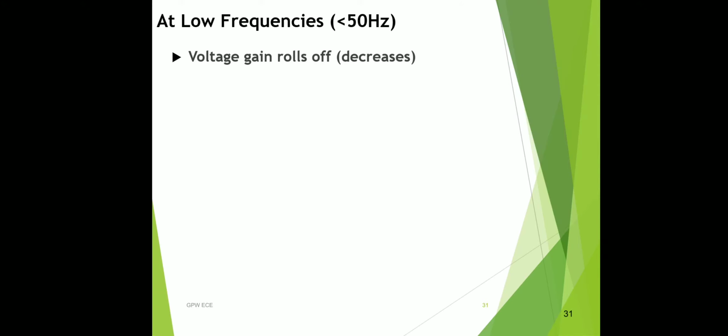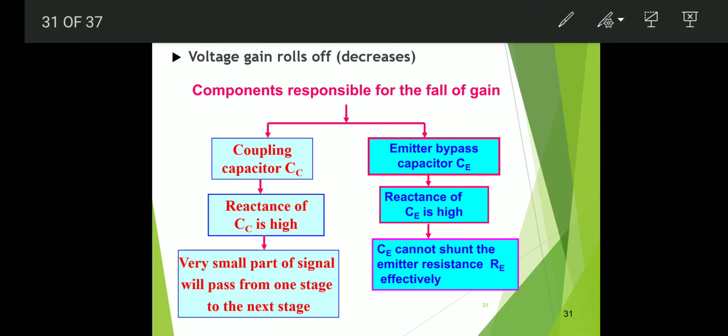Why? This is because of the coupling capacitor Cc and the emitter bypass capacitor Ce.